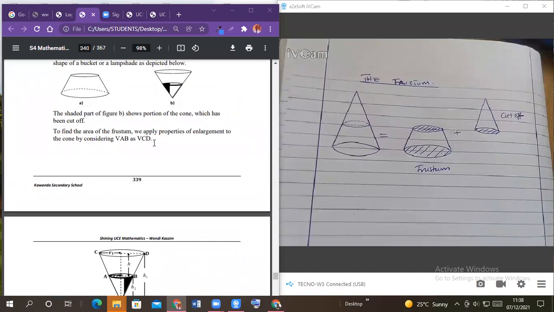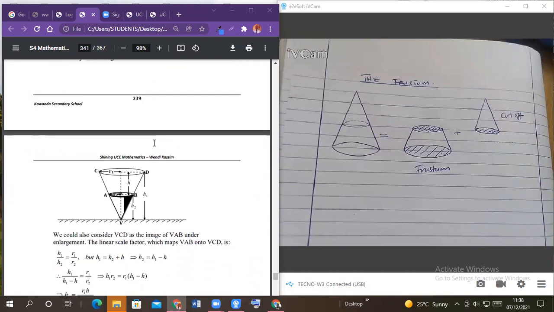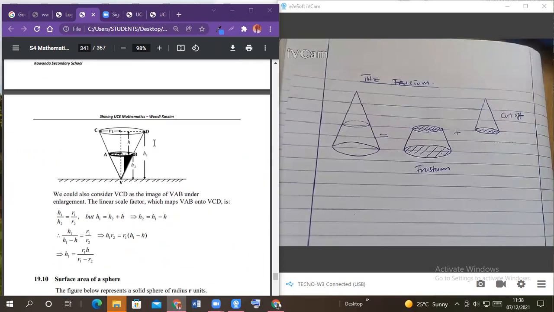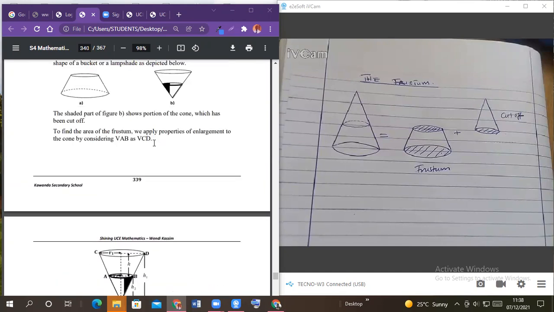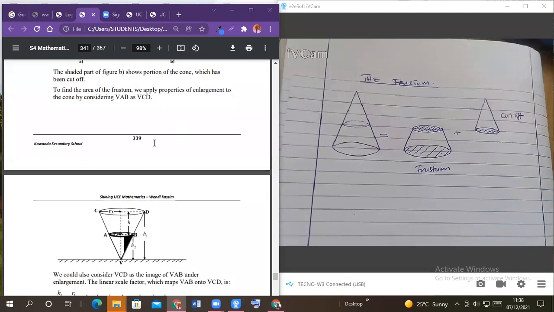But now we are looking at area, so we have to look at the area scale factor from the linear scale factor. So let us first look at how we use the properties of enlargement.